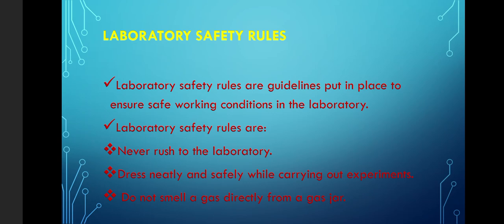And we said that laboratory safety rules are guidelines that have been laid down to ensure a safe working condition when you are operating in the lab. Some of these laboratory safety rules include the following. Number 1, you should never run or rush while you are going to the laboratory. Number 2, you must be neatly and safely dressed when you will be carrying out your experiments.